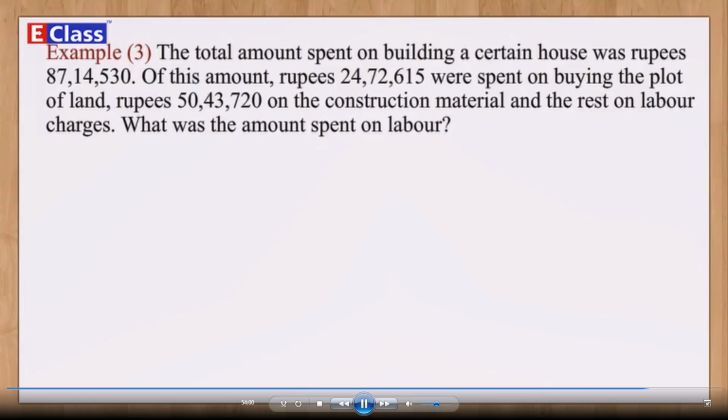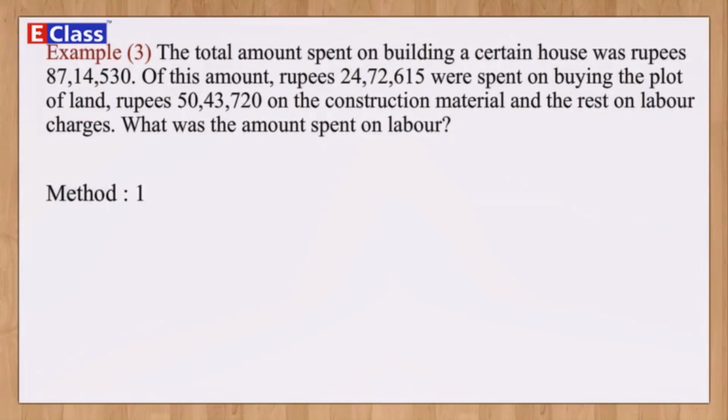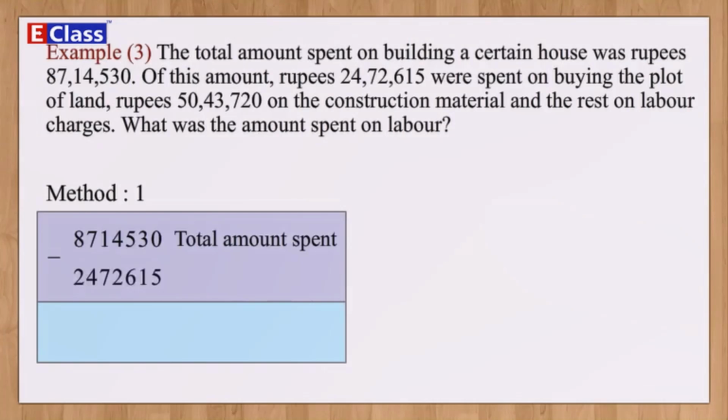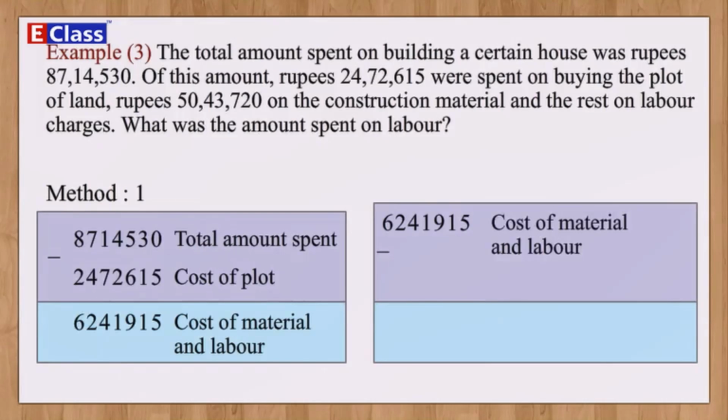Method 1. 87,14,530 total amount spent minus 24,72,615 cost of plot is equal to 62,41,915 cost of material and labor.